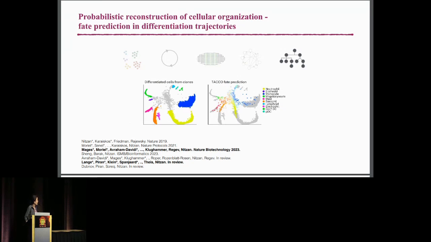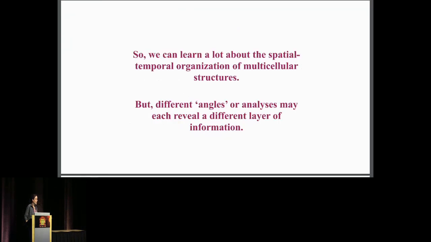In this case, for example, inferring the fate of early differentiating hematopoietic cells. Okay. So we can basically take single-cell RNA sequencing data and then infer, say, either the spatial configuration of the cells or their temporal dynamical structure.